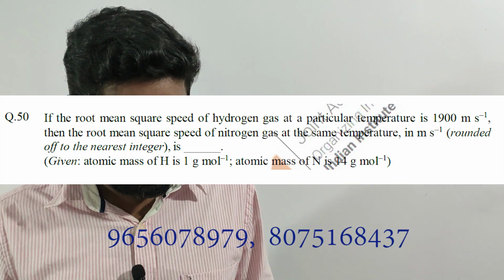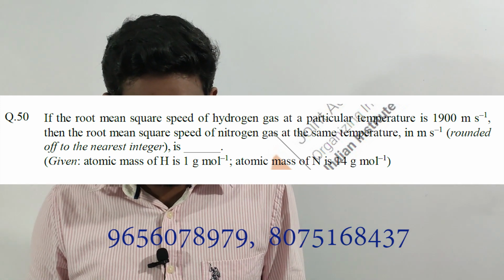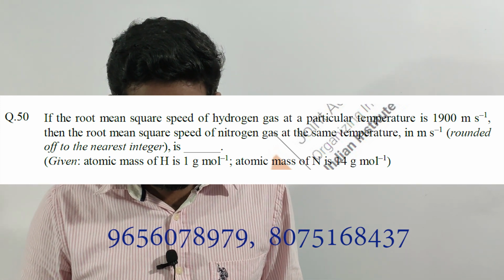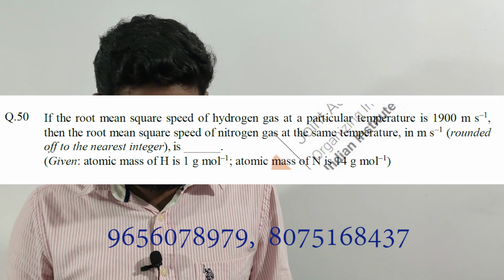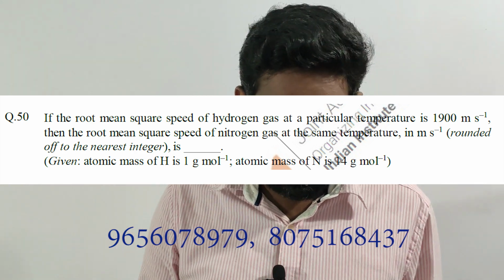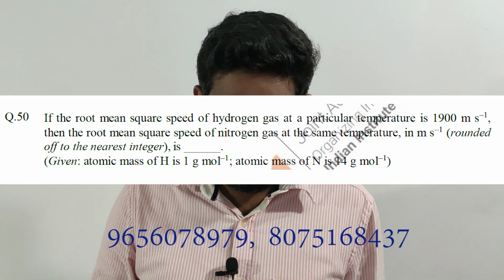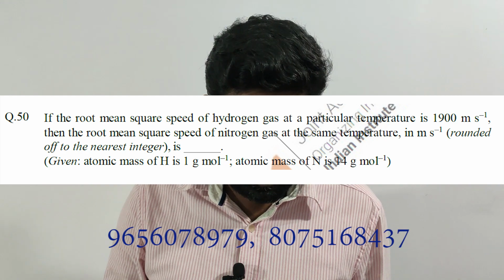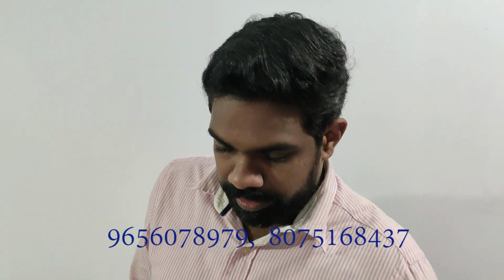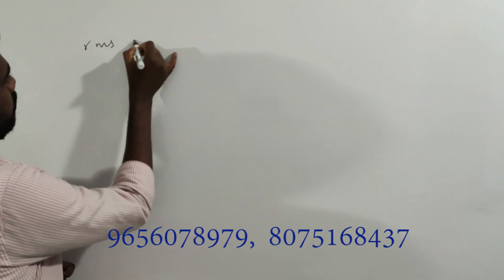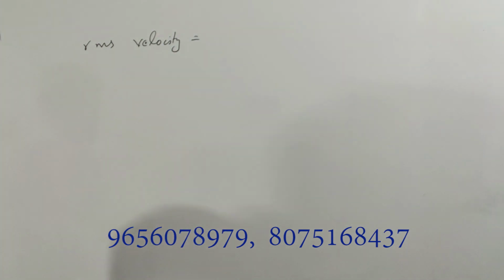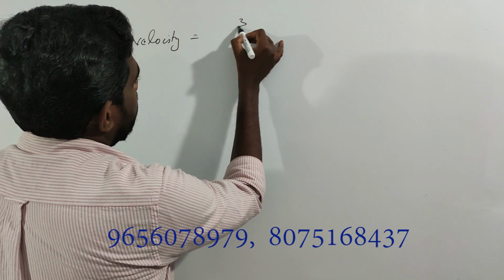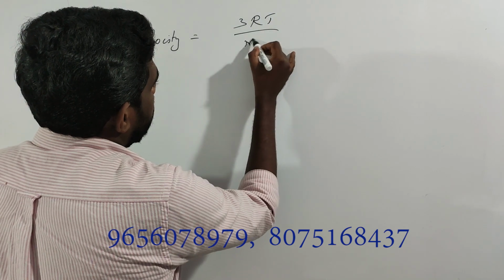Question number 50. If the root mean square speed of hydrogen gas at a particular temperature is 1900 meters second inverse, then the root mean square speed of nitrogen gas at the same temperature in meters second inverse is. So it is given RMS velocity. RMS velocity is given as root of 3RT divided by m.